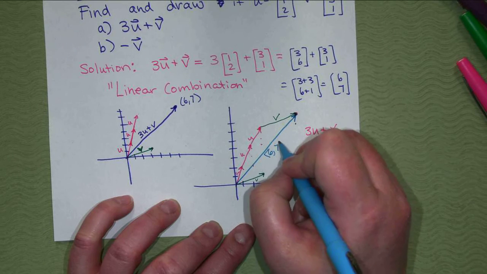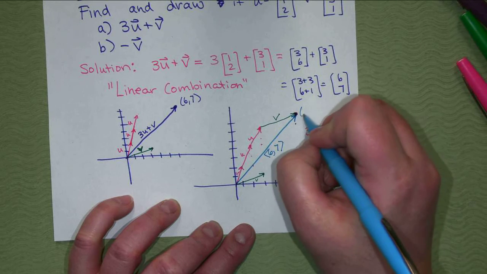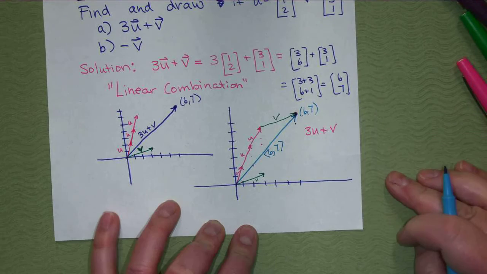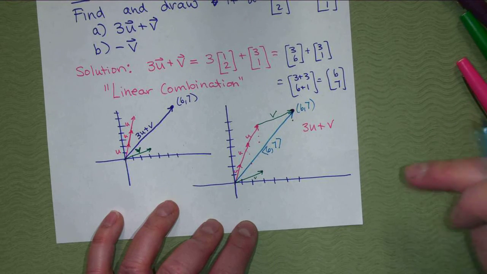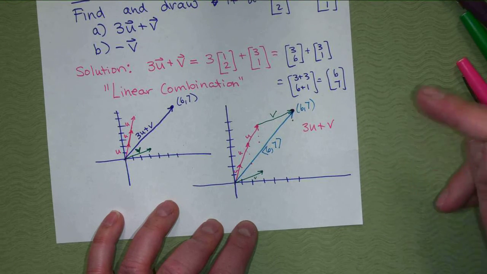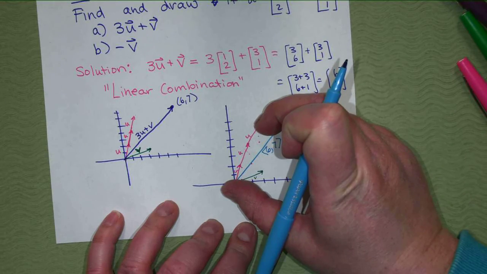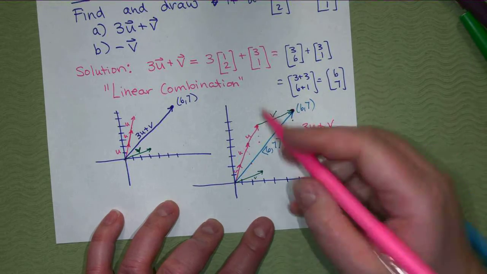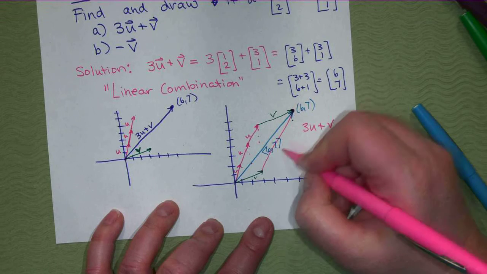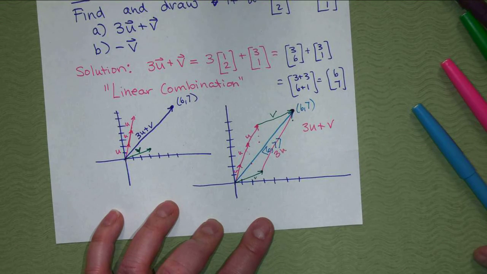It's the vector (6, 7), which is the diagonal of the parallelogram because we're adding, if you were to use 3u as one of the sides and v as the other side. So when we add, it gives us the diagonal of the parallelogram.